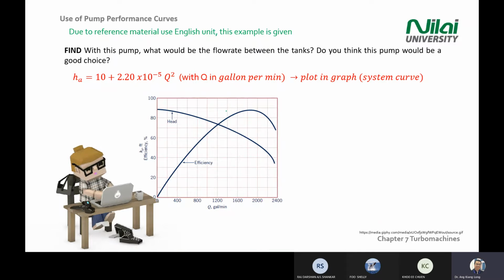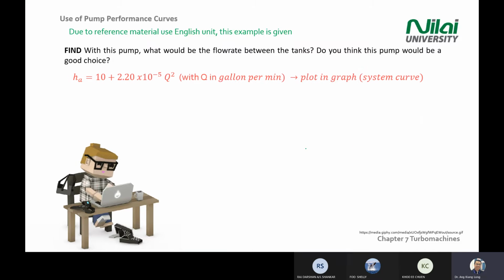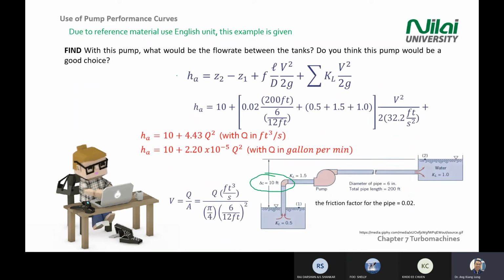What happens if you readjust this Z? What happens if you adjust this 10 feet to maybe lower or higher? How will you plot this chart? It's the same. You redo the same using this equation. You are adjusting this value. The rest is the same.